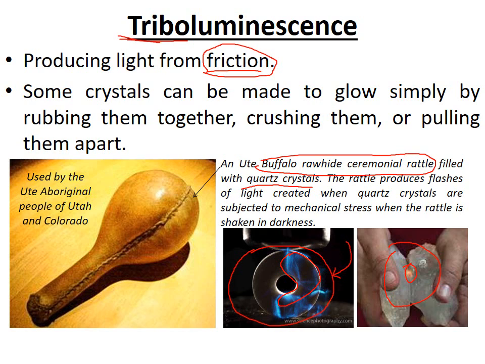And again, that's called triboluminescence. You might remember that word from grade 9 when you studied the triboelectric series, which allowed you to see where electrons are transferred to and from during charging by friction.